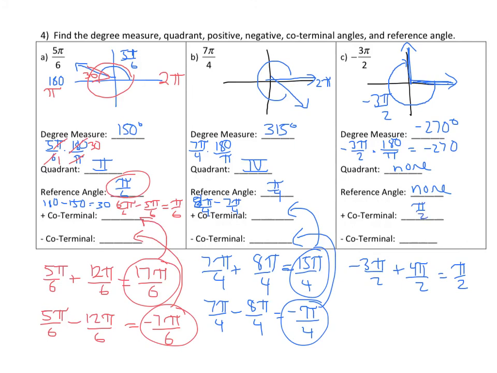Negative coterminal angle, I do negative 3 pi over 2 minus 2 pi, or minus 4 pi over 2, and we get negative 7 pi over 2.